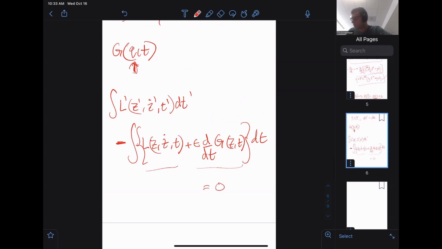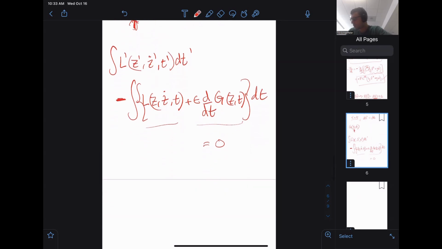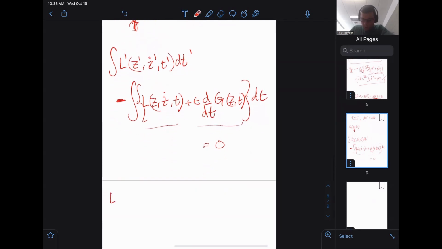For the Lagrangian, we need to go back down to the Lagrangian again. So the original Lagrangian, which depends on z, z dot, and t.